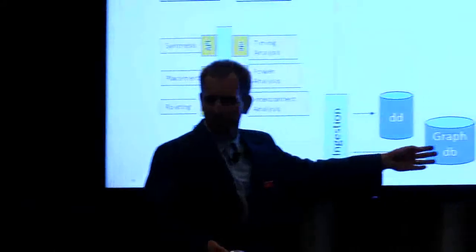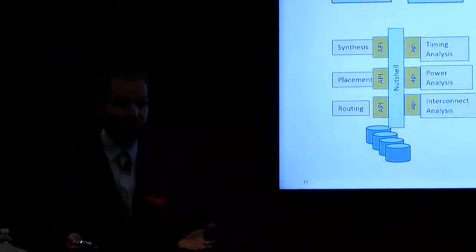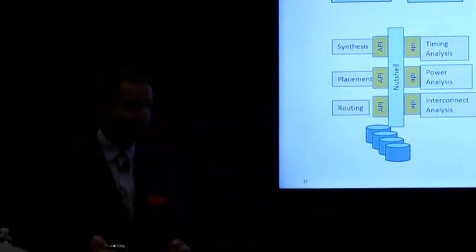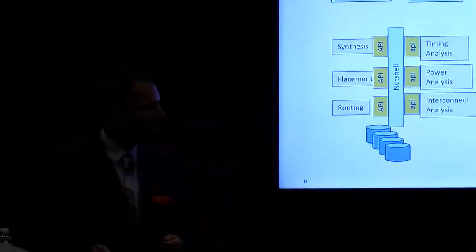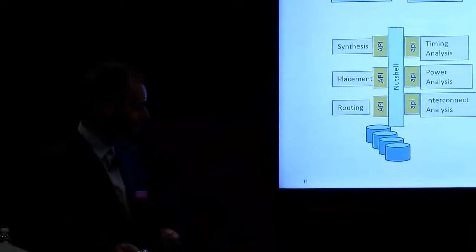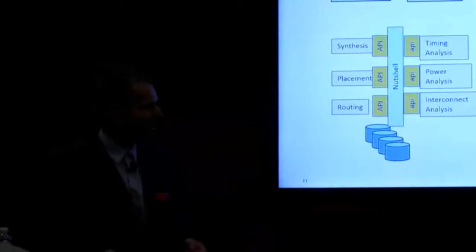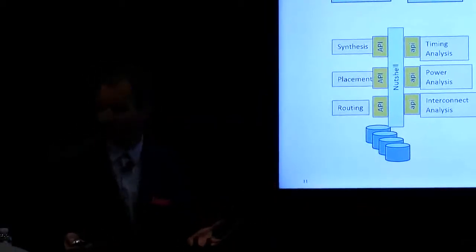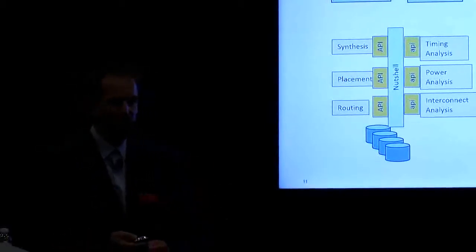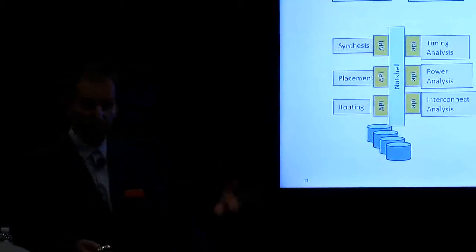We supplemented it with a graph database for all the graph-based operations you want to do, mostly timing analysis, and you'll see some great examples of that later. That became a very nice trove of analytics information that we could feed to our designers in a more intuitive and more continuous manner.